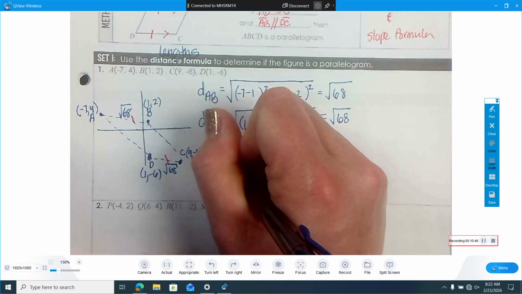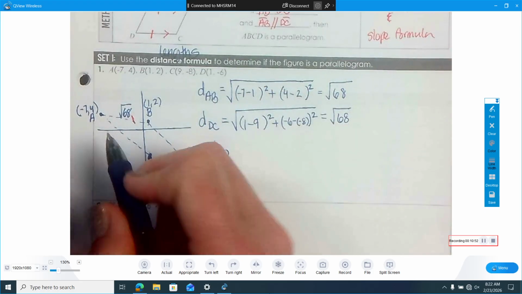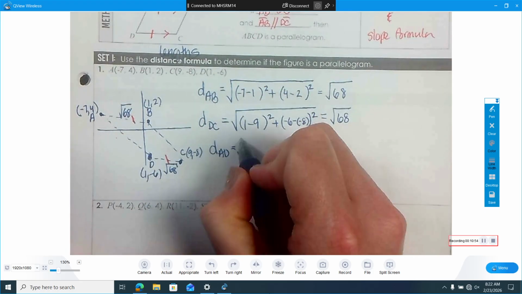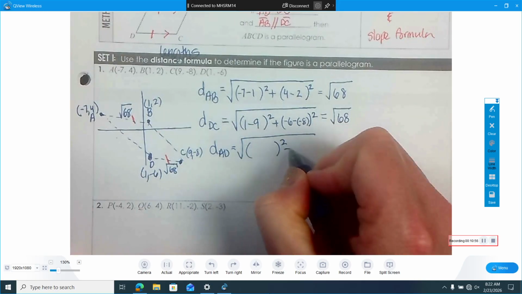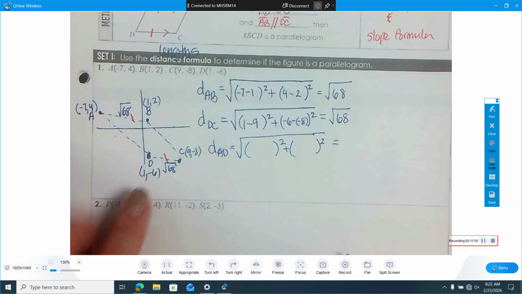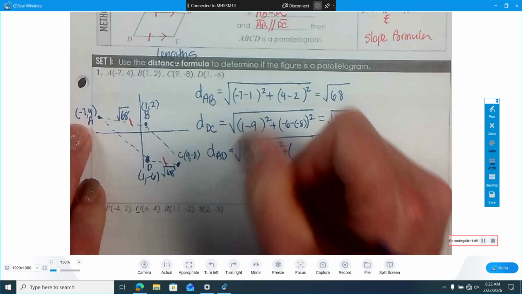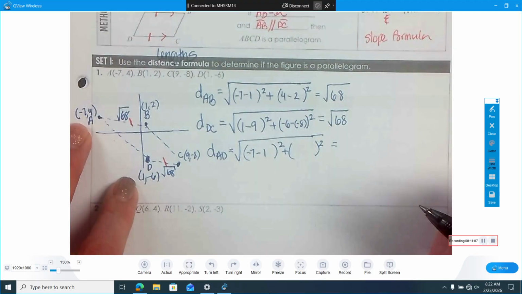So, now we just have to check A and D. So I'm going to do the distance between A and D. So this left-hand side here. Again, setting up my structure and filling it in. So I'm using A and D now. So I have negative 7 minus 1. And then I'm going to subtract my y's.